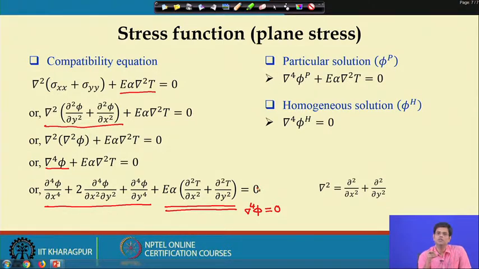The reason we have stated earlier, and I am reiterating, is that when you approach from the stress function or stress based formulation, and finally you want the displacement solution, displacement cannot be obtained unless you have the compatibility equation.